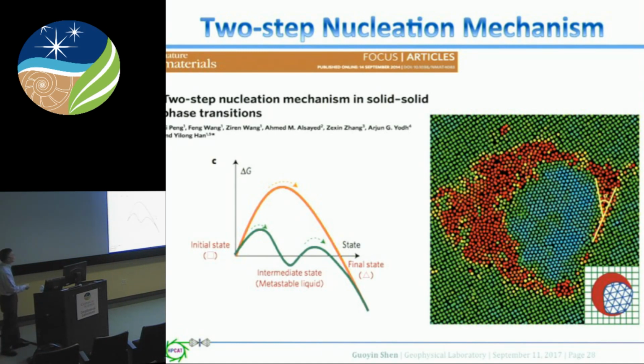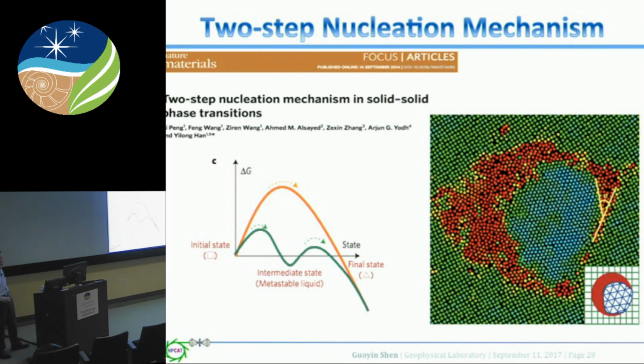The square is the initial state, the green side, and the triangle is the product state, the final state, and they can just use the microscope to watch how the process goes from the initial state to the final state.